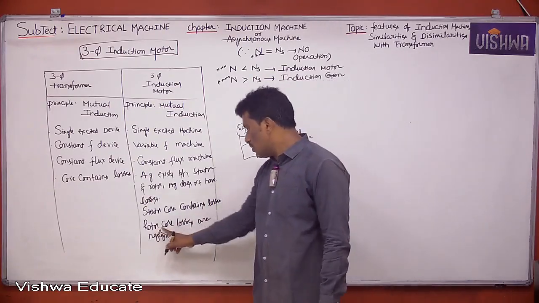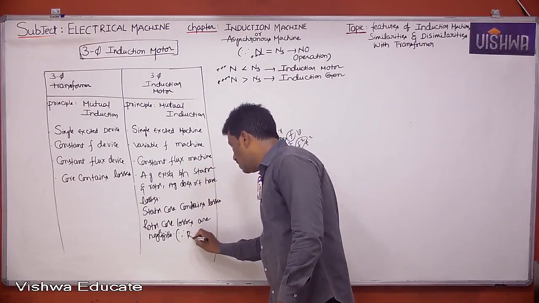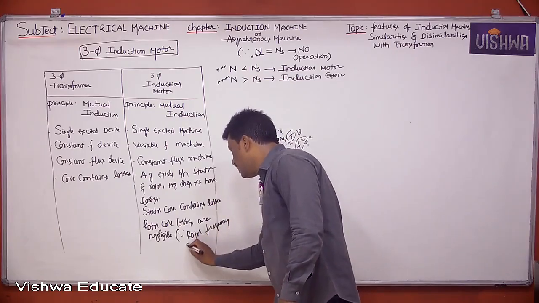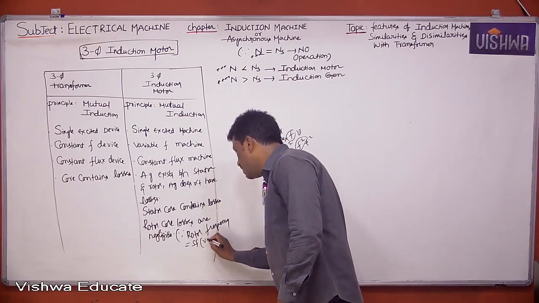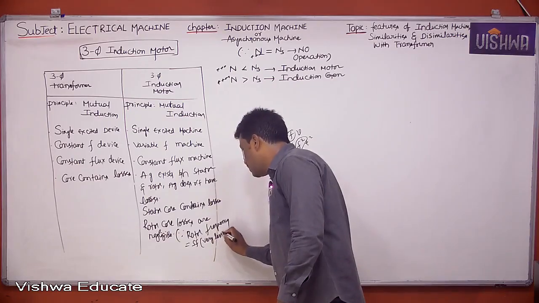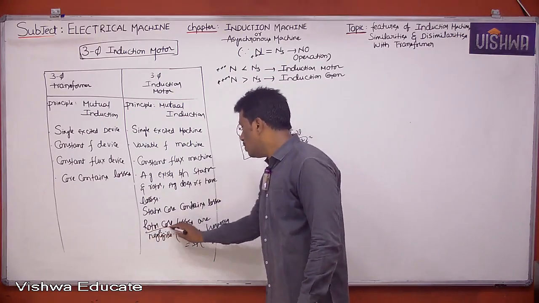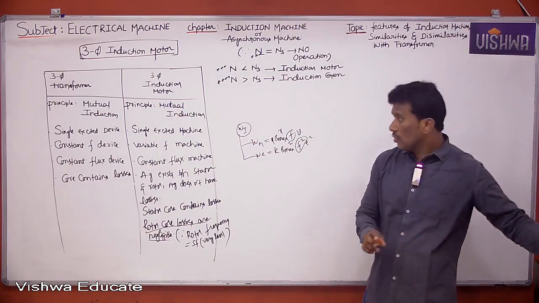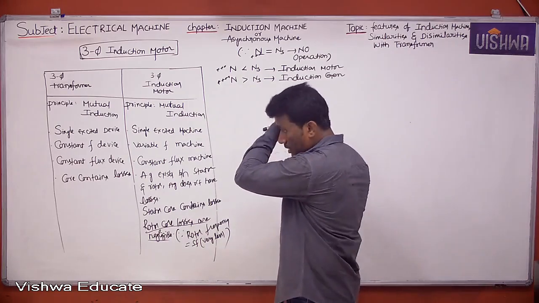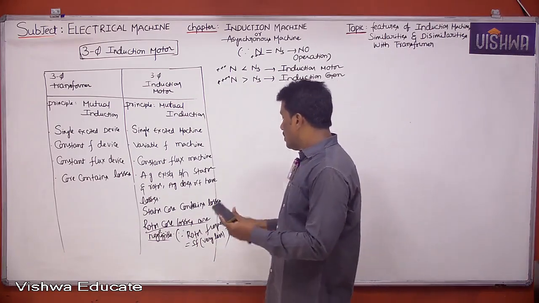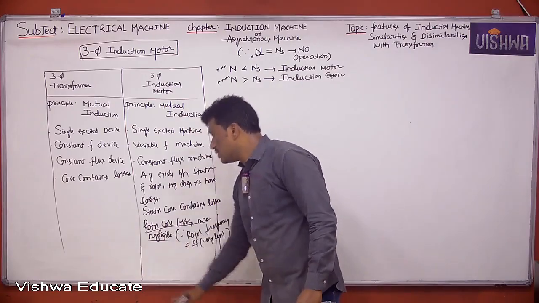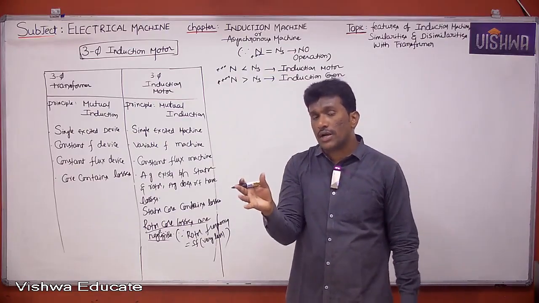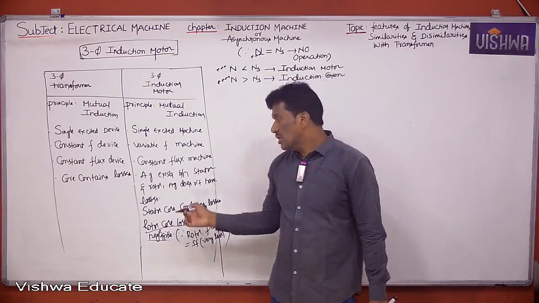Since the rotor frequency is very less, I can neglect rotor core losses. Let me write here: rotor core loss negligible since rotor frequency is equal to slip times frequency. It's very less. That's why we are neglecting rotor core losses. And therefore, since rotor core losses are negligible in an induction machine, you can take the total iron losses or total core losses approximately equal to the stator core losses.